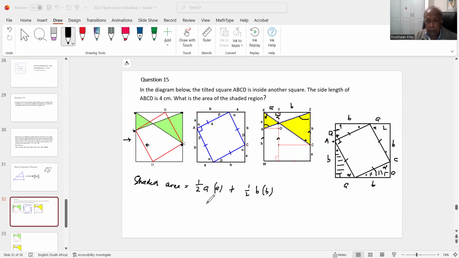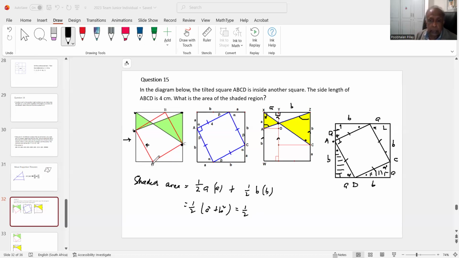So you're going to add these two to give you the shaded area. That gives you half of A squared plus half of B squared. Half can be taken out as a common factor: half of A squared plus B squared. Now look at this. A squared plus B squared, if you go back to this triangle here, is actually equal to this AD squared, because this is Pythagoras.